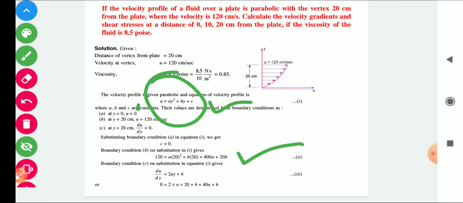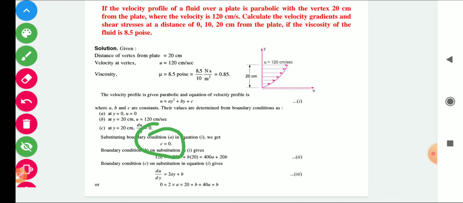If we put the third boundary condition in this equation, then we will get this equation. We already calculated the value of c. Now we have to calculate the values of a and b with the help of these two equations. So now solve these two equations to calculate the values of a and b.